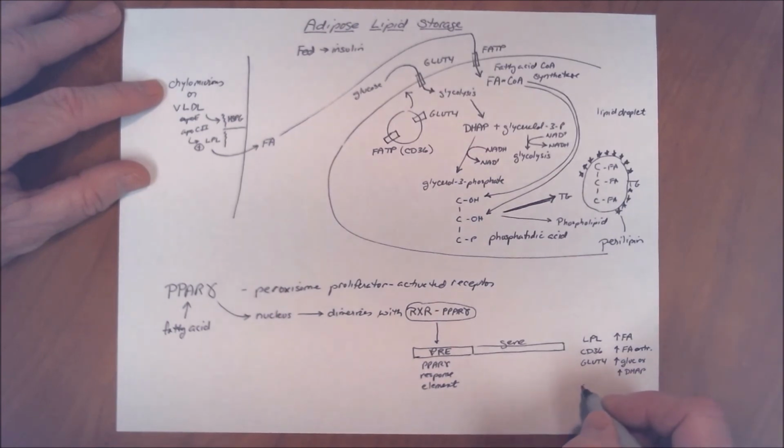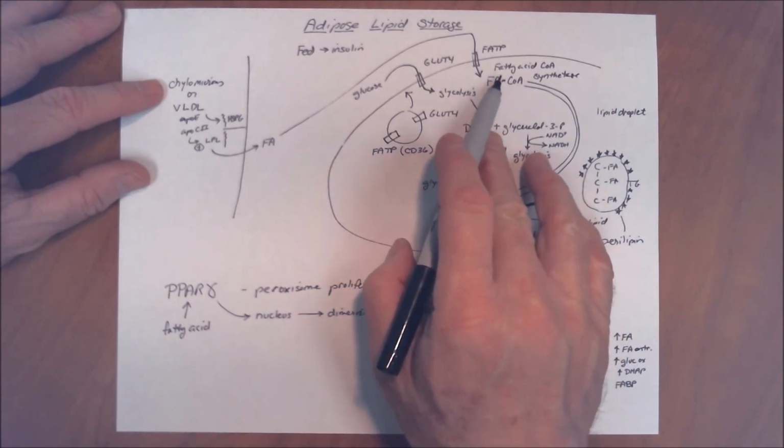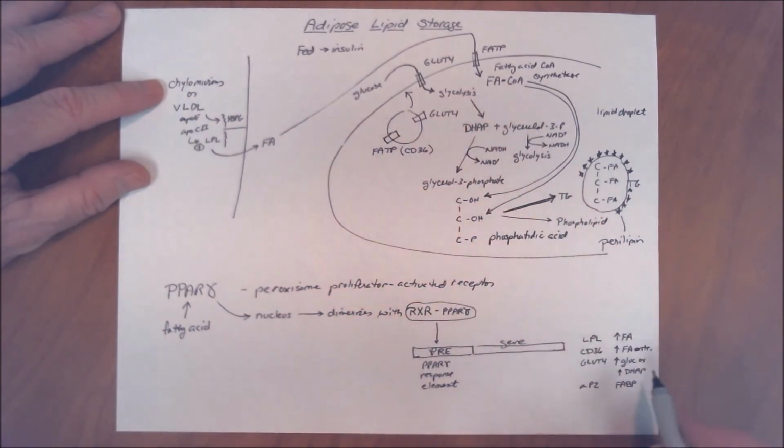It also increases the expression of small protein called AP2, which is a fatty acid binding protein which escorts fatty acids through the cell once they're trapped by the synthetase enzyme to the site of synthesis for triglycerides. The other important protein PPAR gamma upregulates is perilipin, and this is of course for protection once the triglyceride lipid droplet is formed.